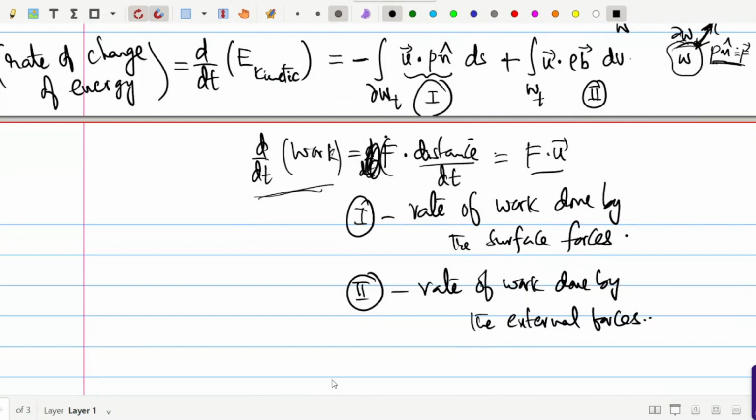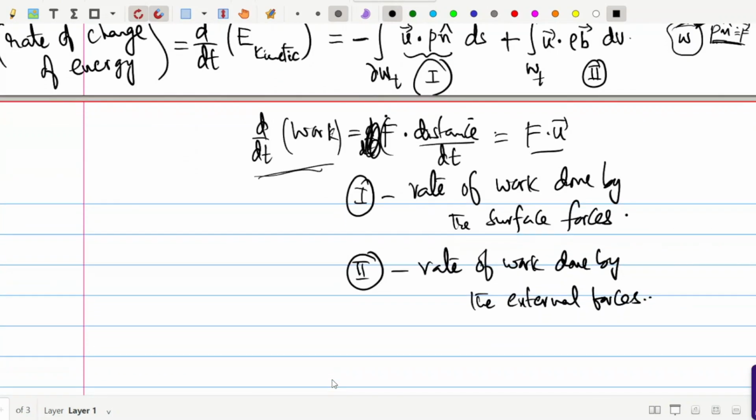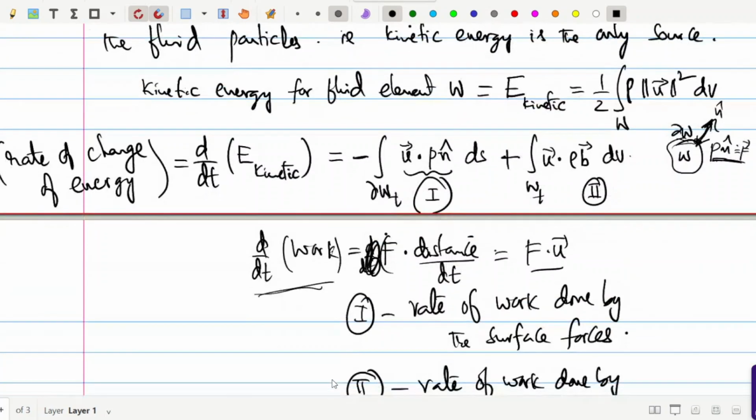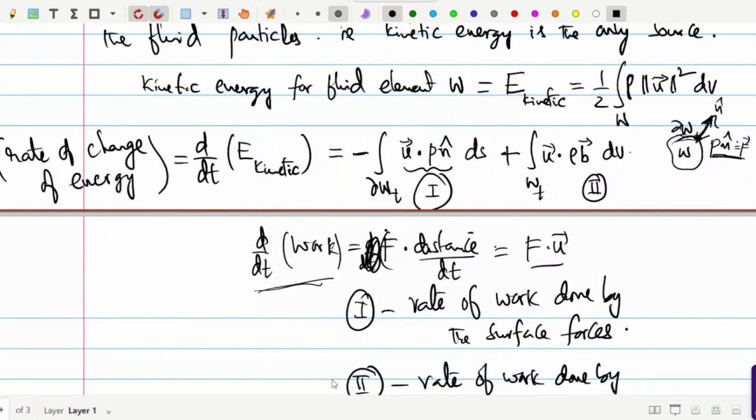There is nothing else in the system. If you have temperature, that is different, then you have to consider some internal energy. We are assuming only kinetic energy is present, which is what happens for the incompressible fluid.